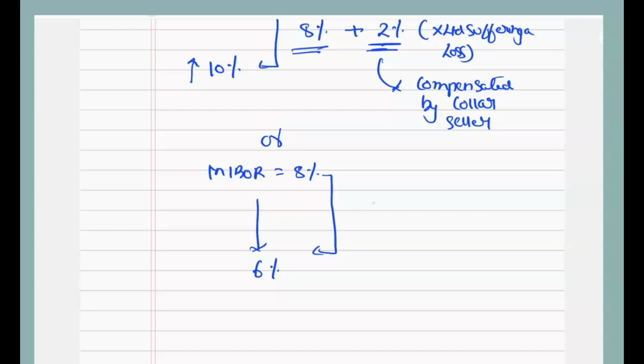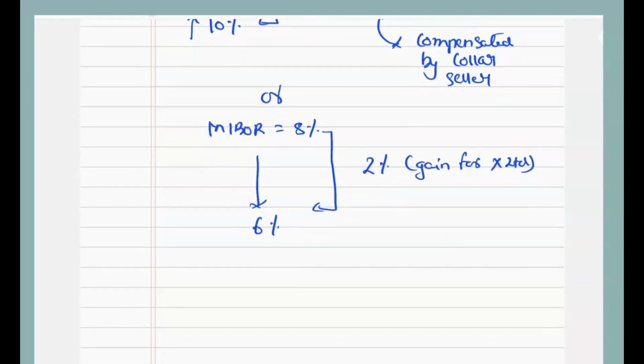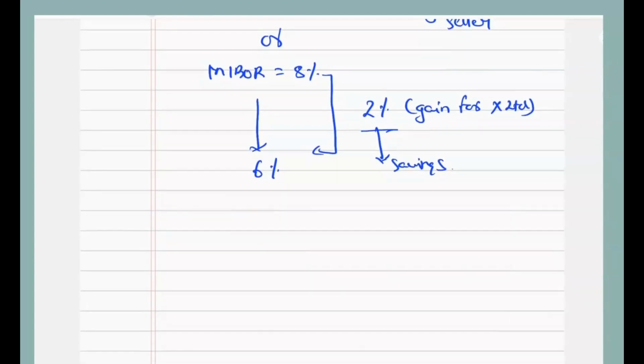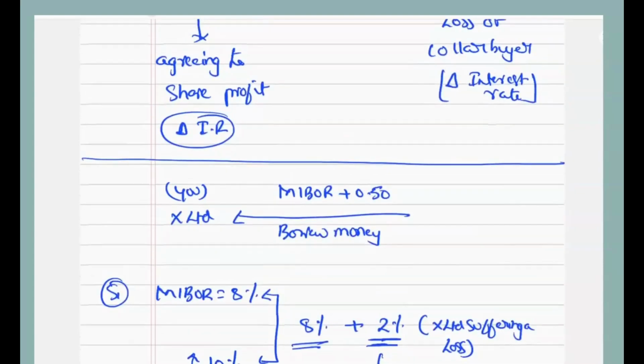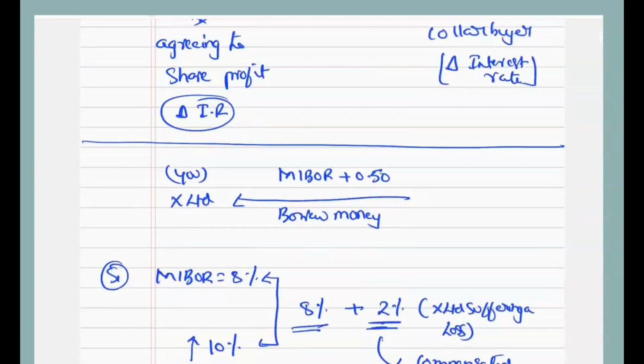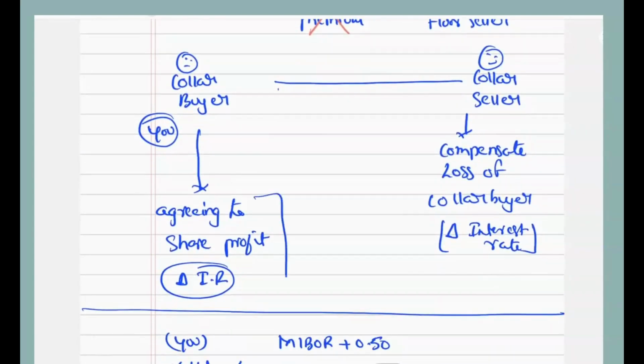So 2% is the gain for you, X Limited. From this 2% savings, you have agreed to share a part of the profit, 50% of the gain, which is 1%, with the collar seller, right? This is the agreement that you are going to enter, agreeing to share profit.